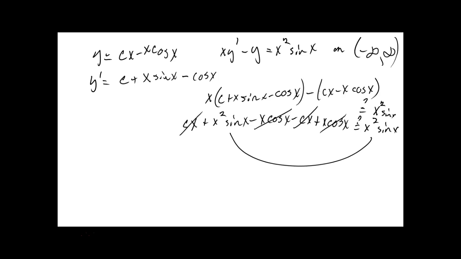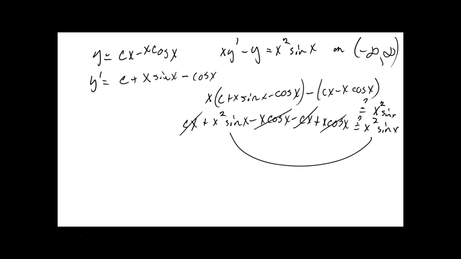Okay. And then when you clear parentheses, x times c is cx. x times this would be x squared sine x. x times this would be a minus x cosine x. Then when you negate the y, that would be a minus cx plus x cosine x. And supposedly that's equal to the right-hand side. Now we look at these and see the cx and minus cx go out.